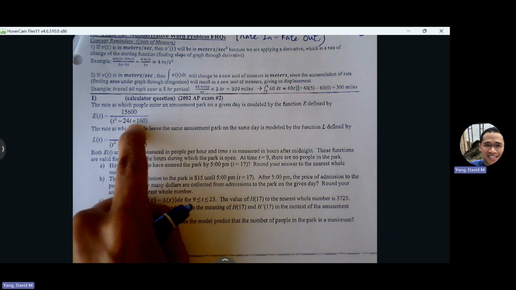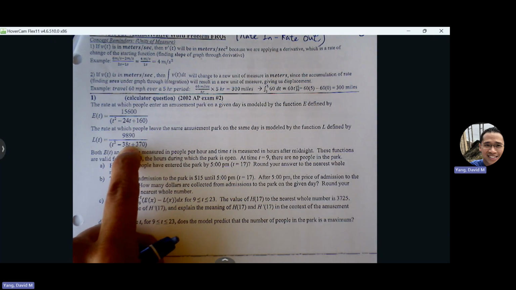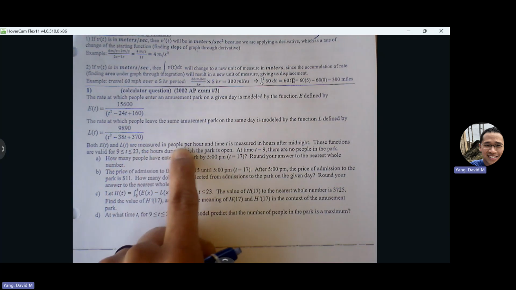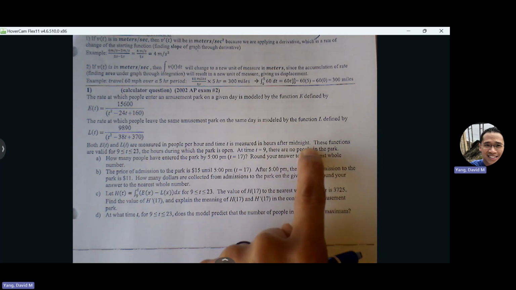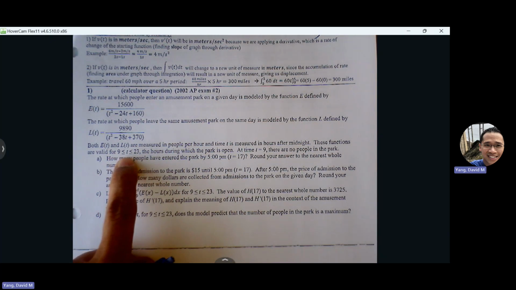So E of t is going to start high and end low. L of t, the rate at which people are leaving, is going to start low and end high. Okay, so that's the pattern that we can expect. Both E of t and L of t are measured in people per hour, and time t is measured in hours after midnight. These functions are valid for 9 to 23, so 9 a.m.